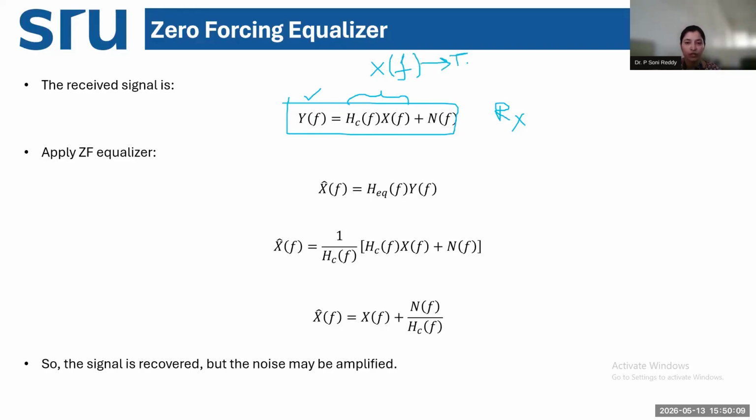We are mostly focusing on digital communication, so we are transmitting data symbols, meaning a digital data 1 or a digital data 0. Clear? So the first component of your received signal is the multiplication component, which is having some portion of your channel characteristics multiplied with the actual transmitted signal.